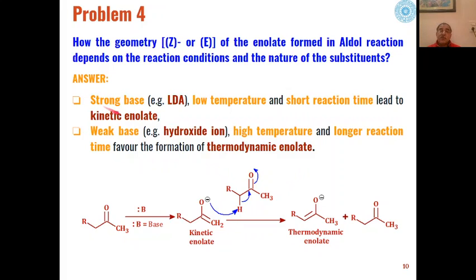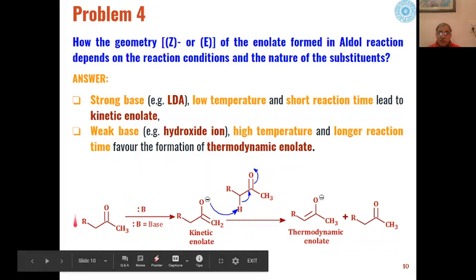For example, if we are using a strong base at low temperature and our reaction time is short, then a kinetic enolate will be formed. But if we are using a weak base like sodium hydroxide or potassium hydroxide at high temperature and the reaction is performed over a longer period of time, then a thermodynamic enolate will be formed.